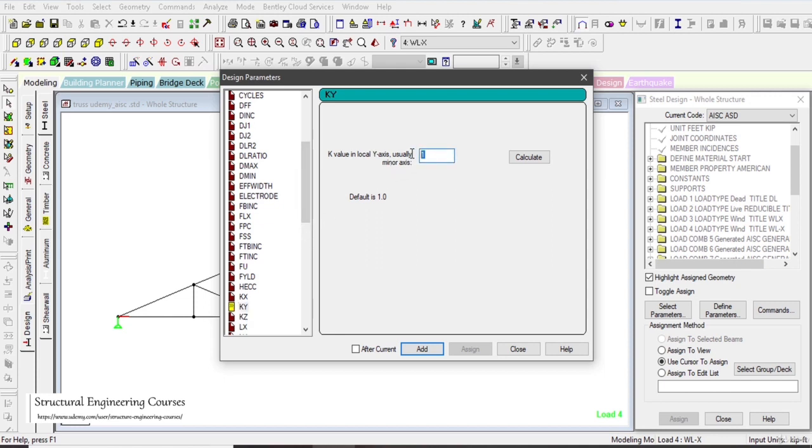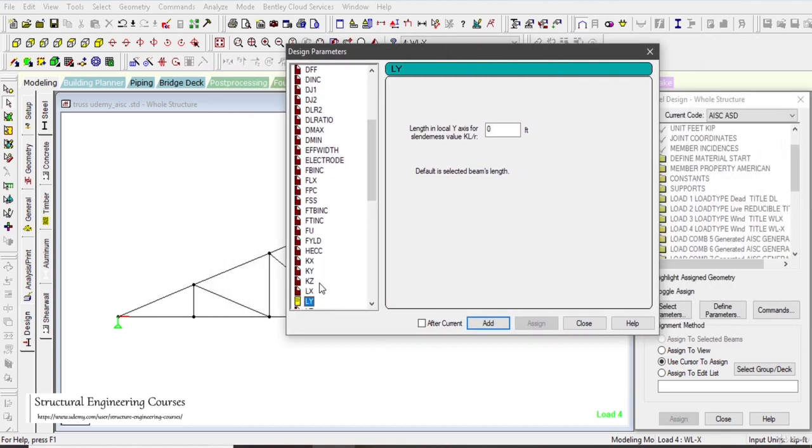KY and KZ we can go for this 0.85 as both the ends are pinned. Only for the intermediate members, not for the end members. And LY we can select whenever we are providing the break here.